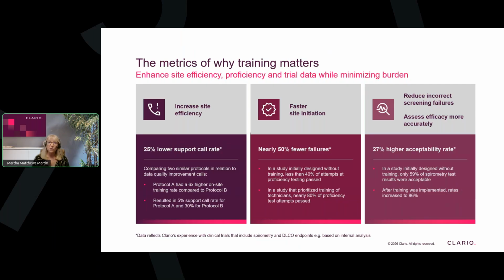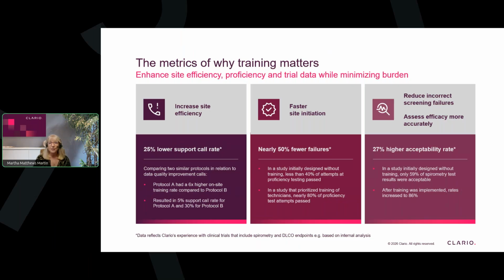And lastly, also, we wanted to take a look at what happens with the data itself, the quality of the data. In this instance, we had a protocol that started with a lesser, shall we say, less aggressive training plan, realized going through via monitoring that a learning intervention would be very helpful. And we jumped from a success rate of about 59% before intervention up into the mid to high 80% afterwards.